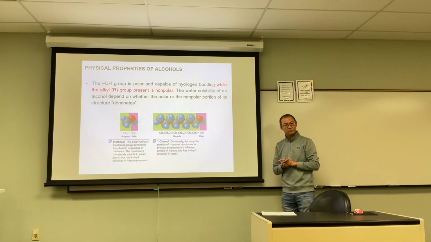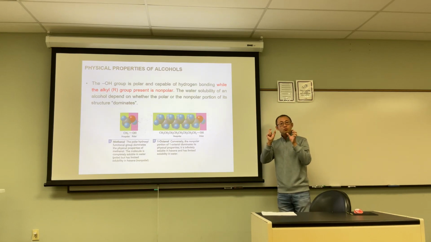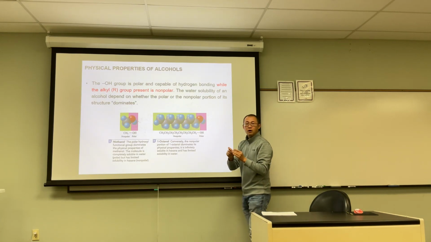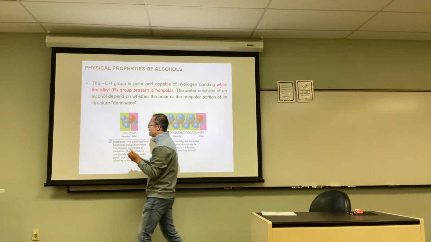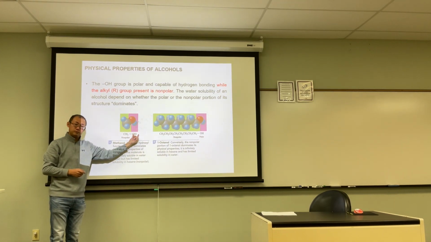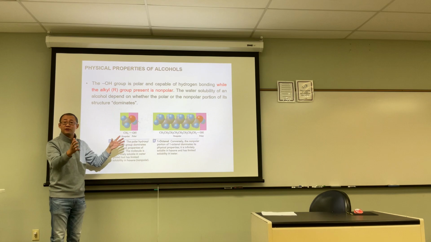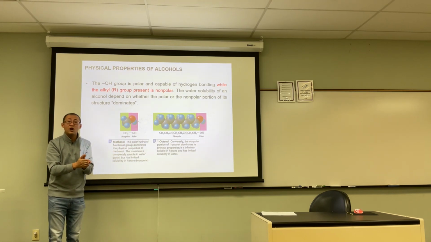Next. Okay, next. The reason alcohols are water soluble is again because of the OH, the functional group. But alcohol doesn't just have OH. Alcohol has the other part, the R group, the carbons.